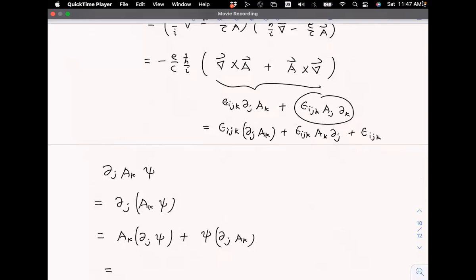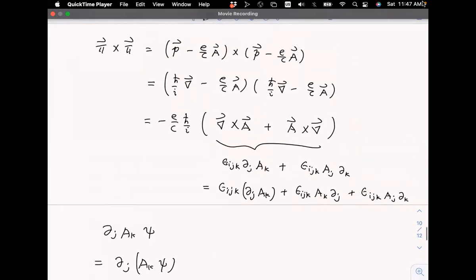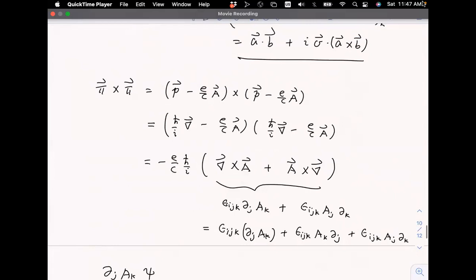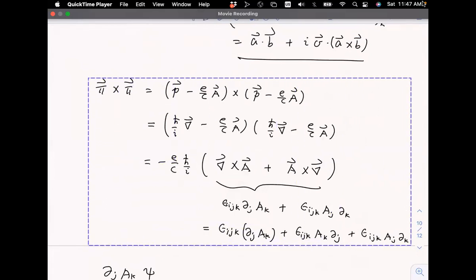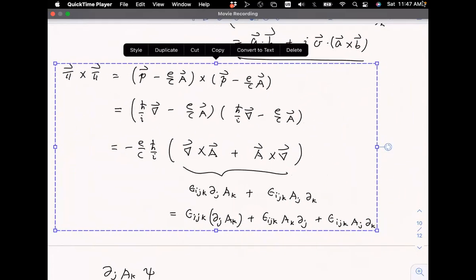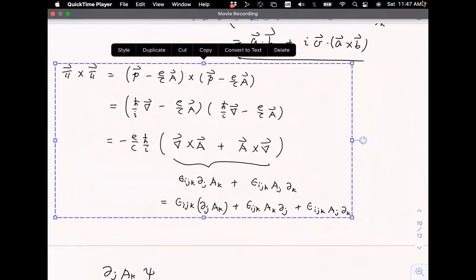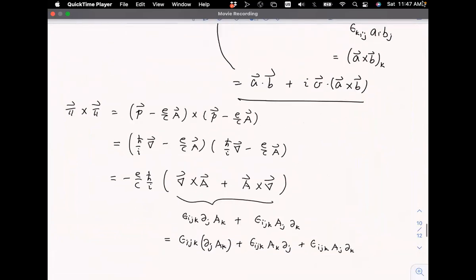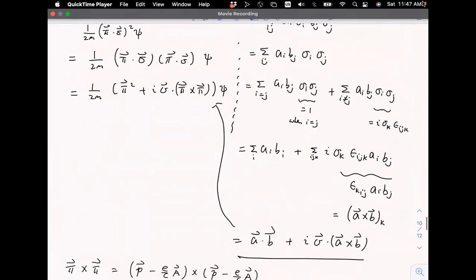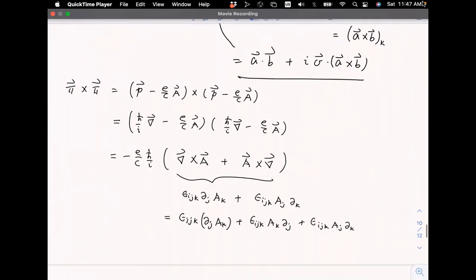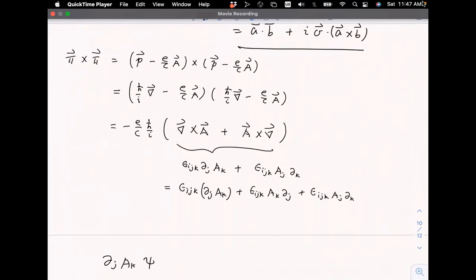And then you can write this here. Let me move up a little bit. Make it slightly smaller. So you'll find that this thing is 0.